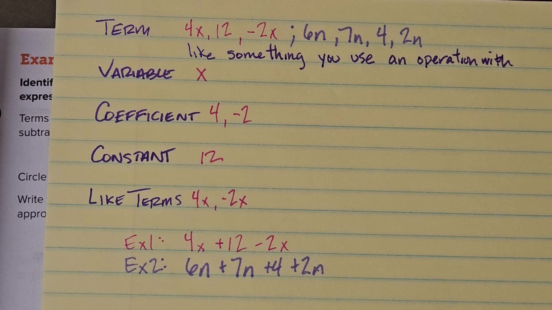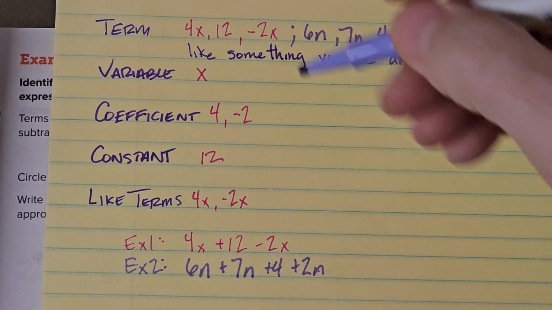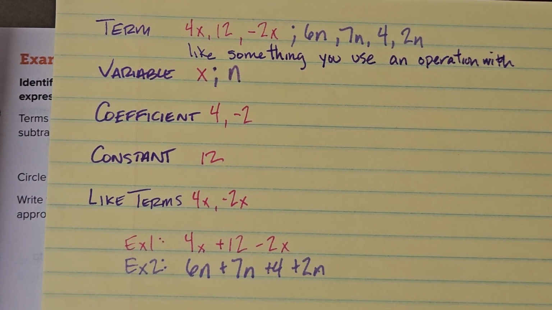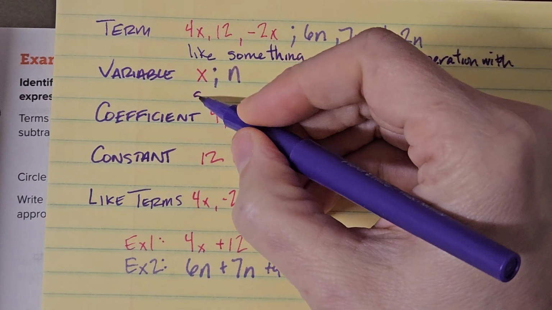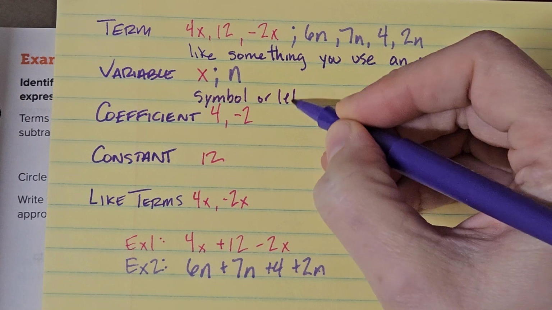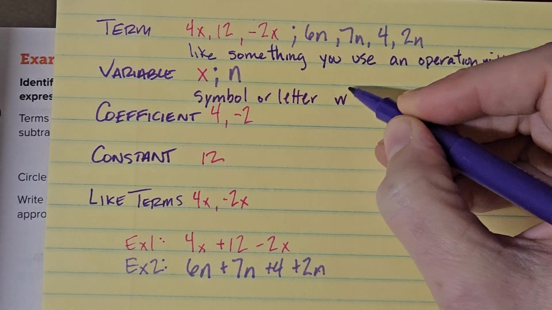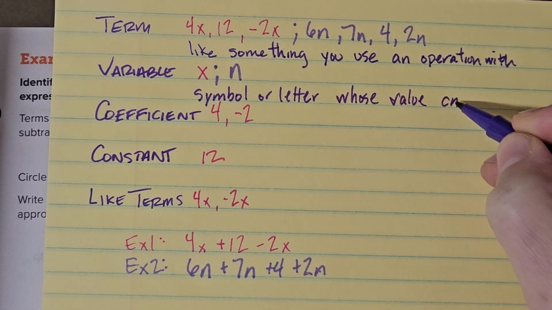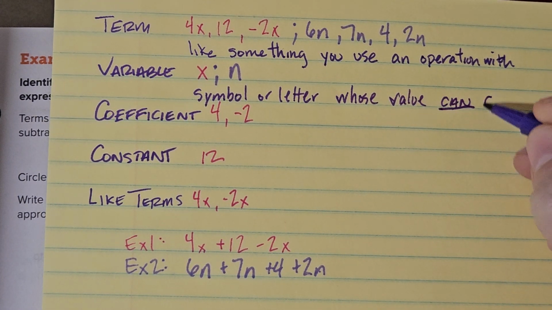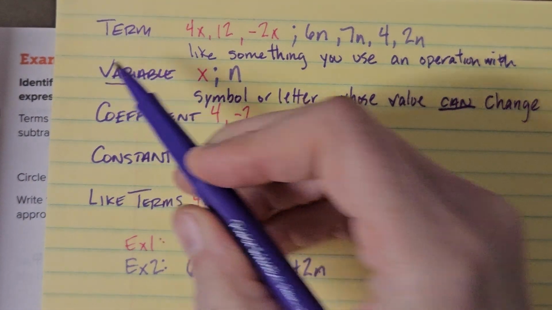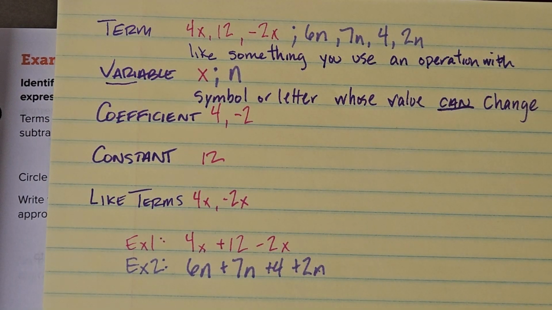Okay, let's look at the variable. In example 2, what's our variable? Yeah, the n. The n is the variable in example 2, and the variable is a symbol or letter whose value can, doesn't have to, but can change, because the word variable has vary in it, and vary means to change.